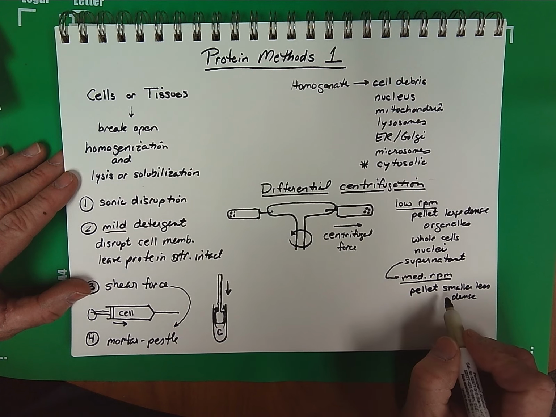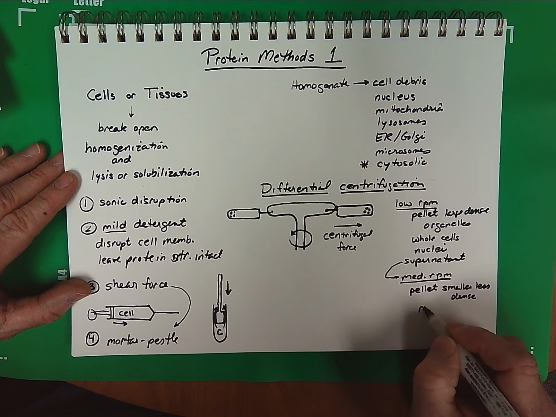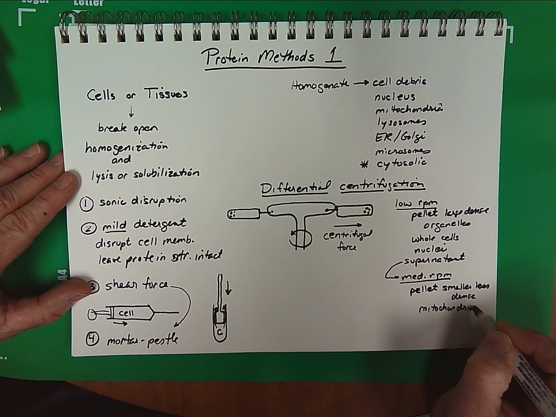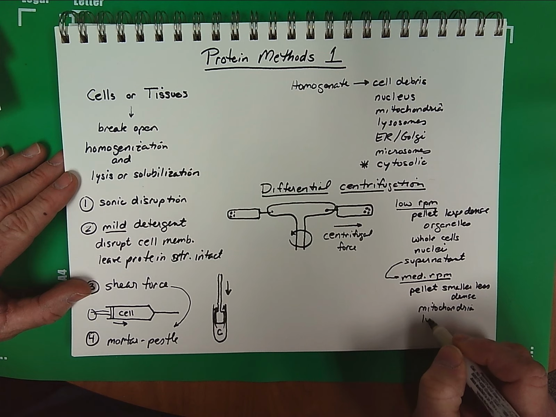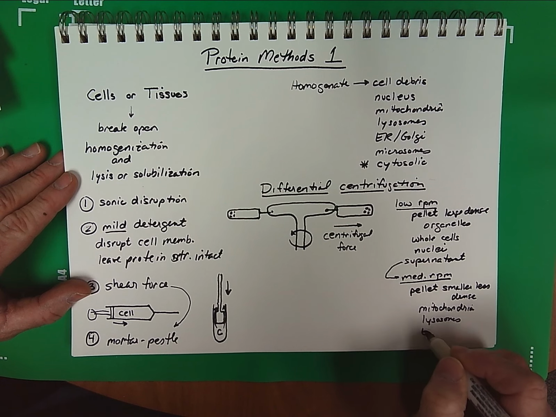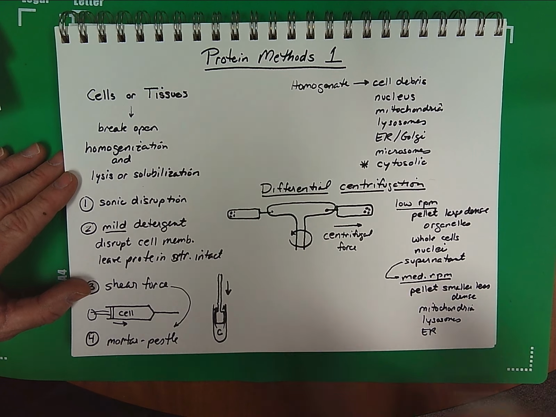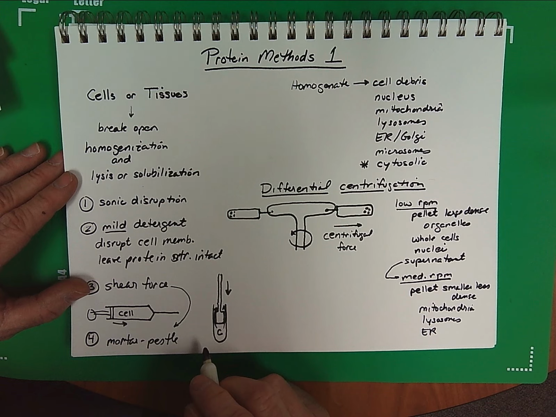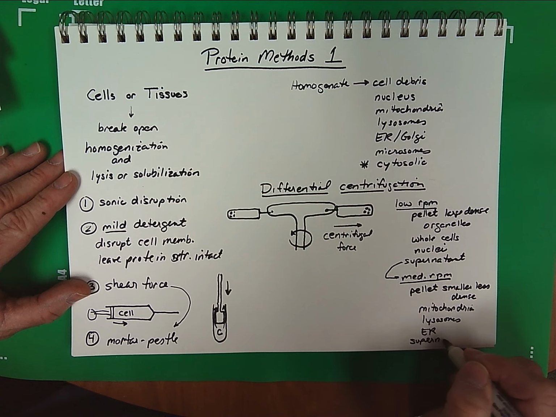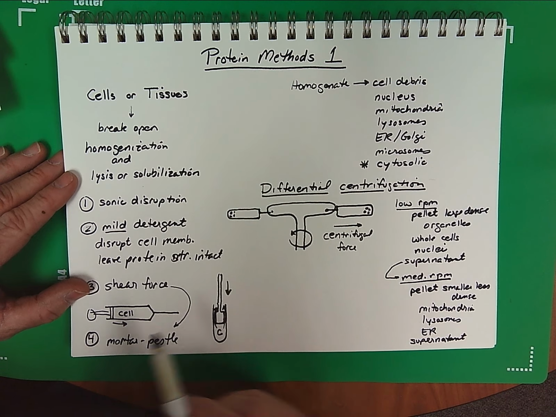An example of these are mitochondria, lysosomes, endoplasmic reticulum. And of course, we will also have supernatant that is above the pellet.